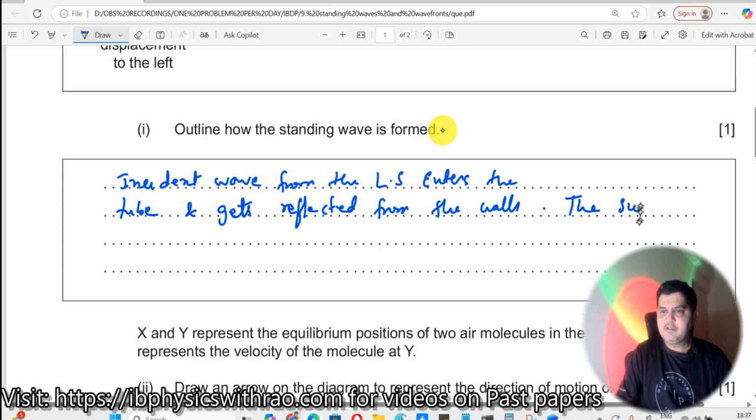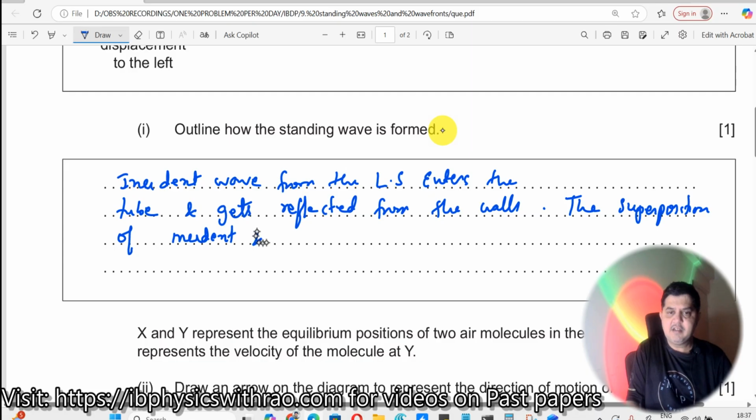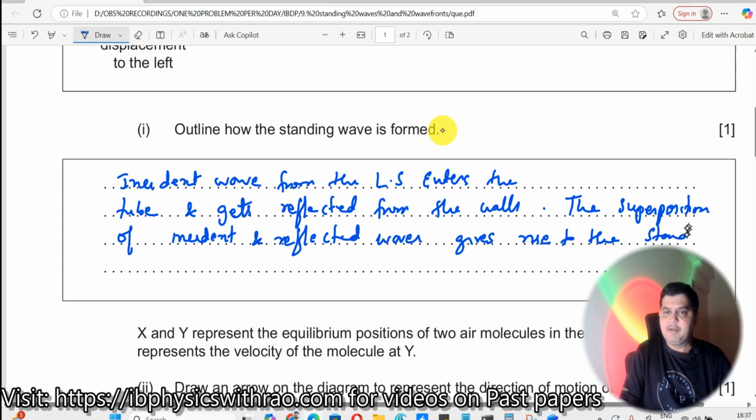The superposition of incident and reflected waves gives rise to the standing wave. So this is what you need to mention.